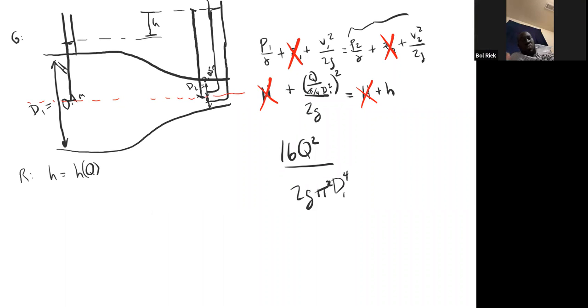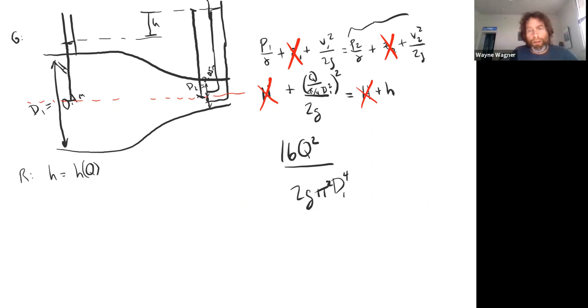Dr. Wagner? Yes, sir. If you've got a pi over 4 on V1, and on V2 you eventually have a pi over 4, can they cancel each other out? If every term in the expression had a pi over 4, then yes.